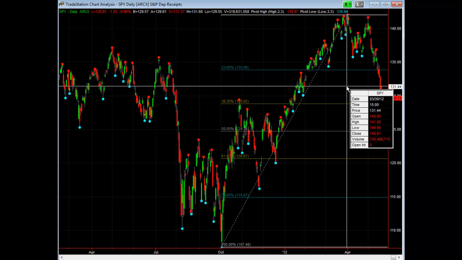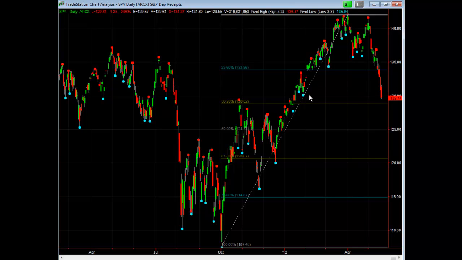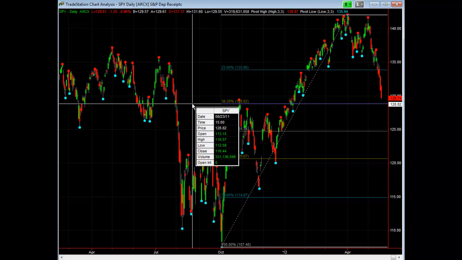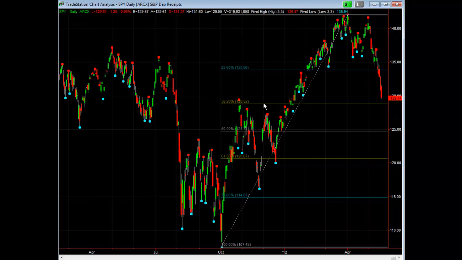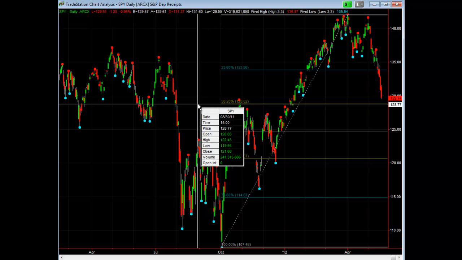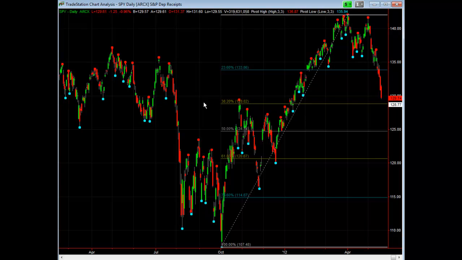Actually this was in April, and you can see now we're coming down to the 382 right here. So the market should usually get some type of bounce at the 382. On the SPY that's going to come in about 128.82, close to that area. And you can also be looking at moving averages, but I'm just going through Fibonacci today.